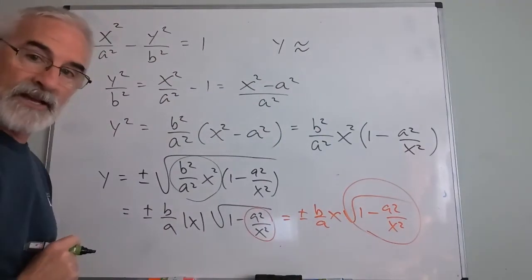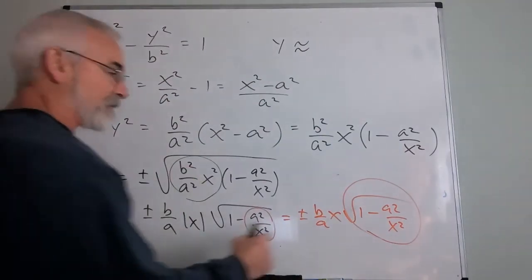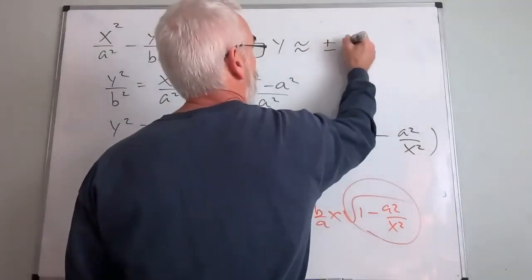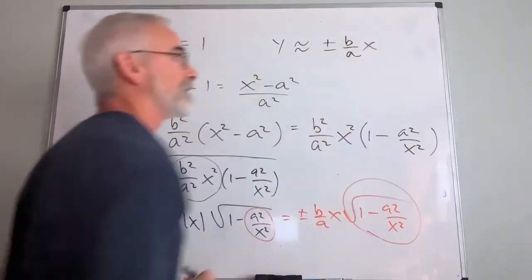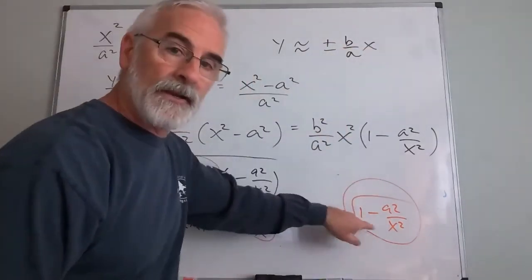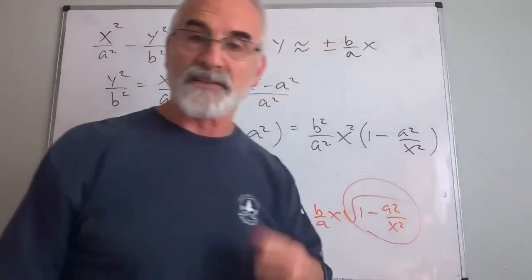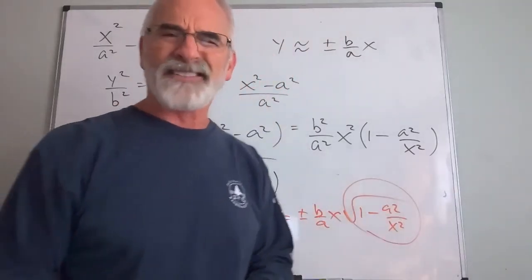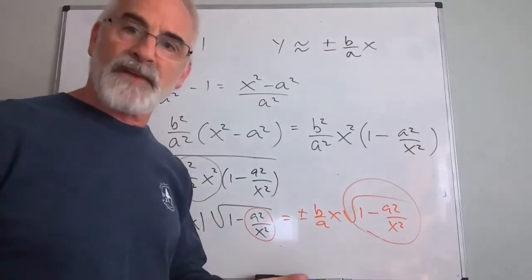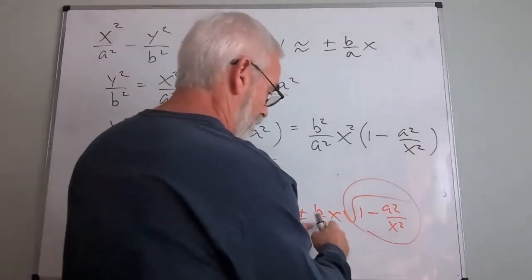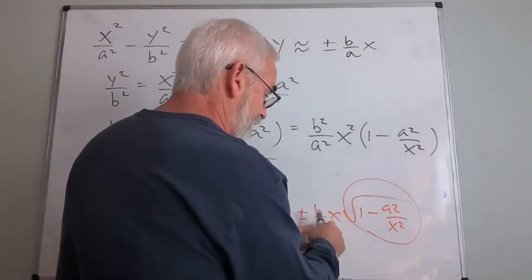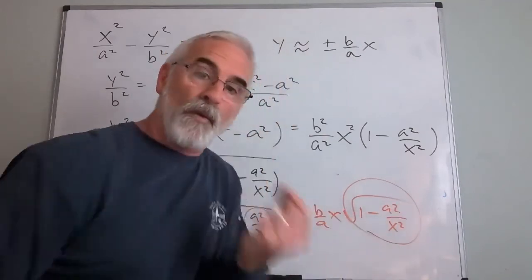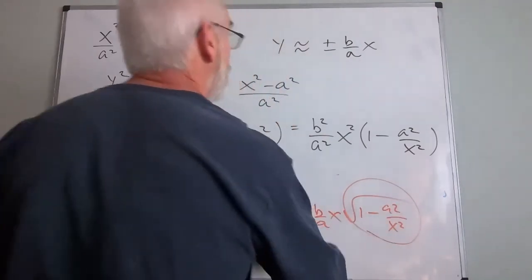That's what the squiggly lines mean. We've used this before. It's asymptotic to plus or minus b over a times x, because this part here, as x gets bigger and bigger, becomes less and less of a contributor. So if I replace x with a large value, negative b over a times x and b over a times this are going to be almost identical values on your calculator.